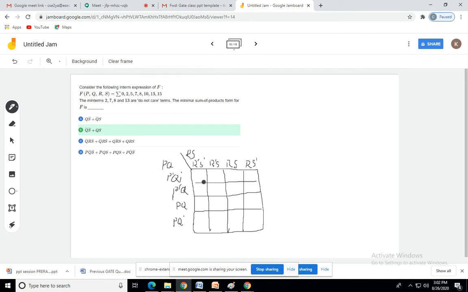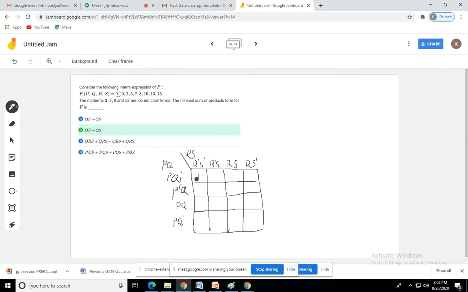It consists of the minterm 0. 0 is plotted as 1, and 2 has to be considered as don't care. We have to plot the minterms in such a way that it takes M0, M1, M2, M3, M4, M5, M6, M7, M8, M9, M10, M11, M12, M13, M14, M15. This is the way we have to plot the cells.